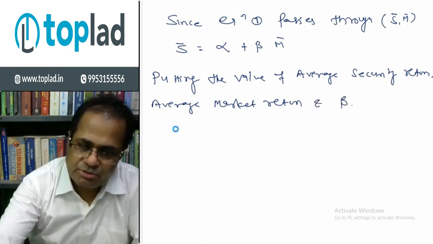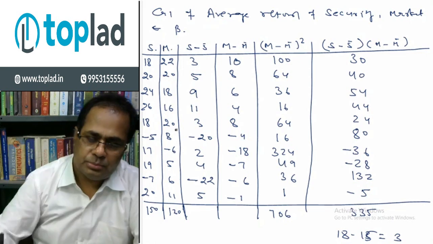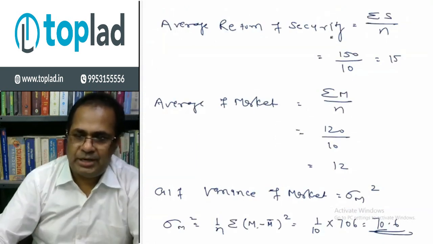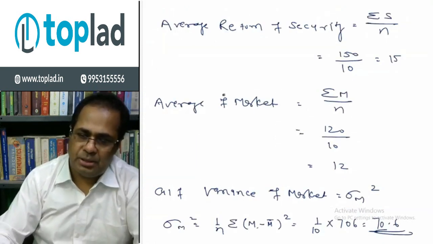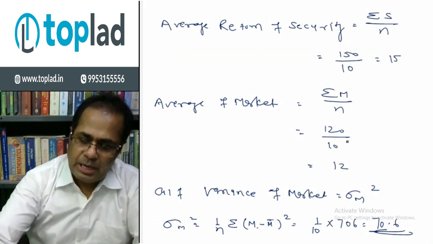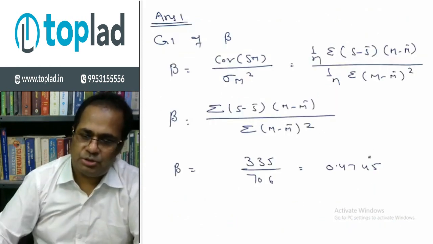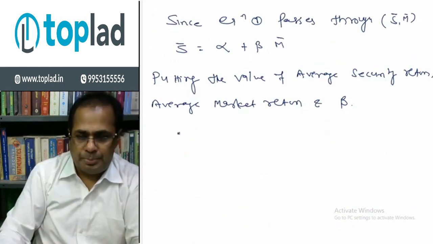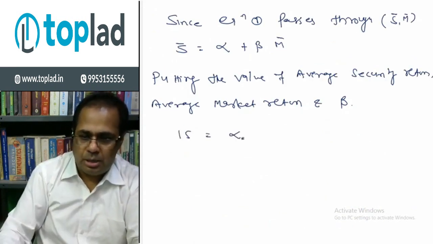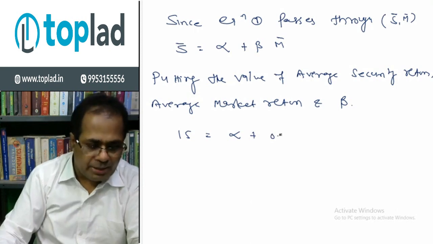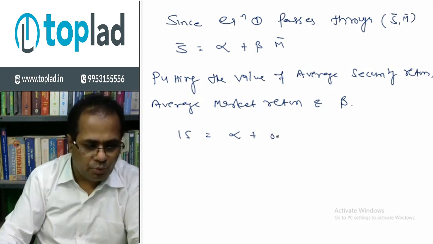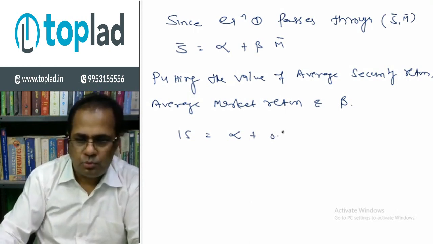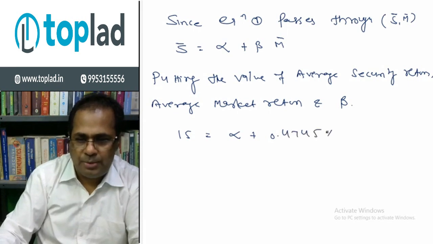The average of security is 15, average of market is 12, and beta we have calculated 0.4745. So 15 equals alpha plus 0.4745 into 12.